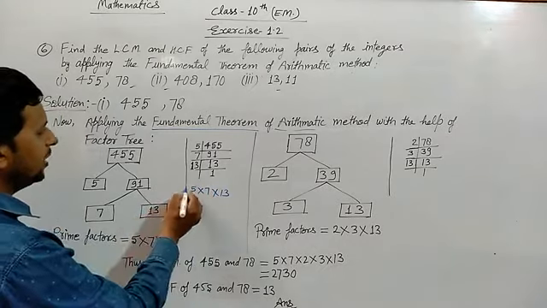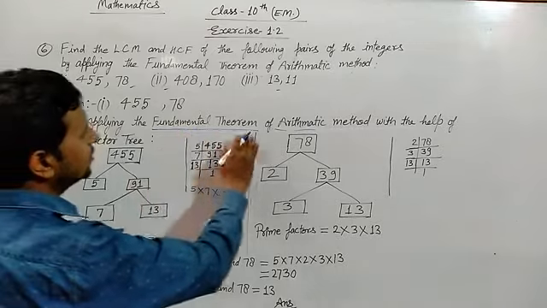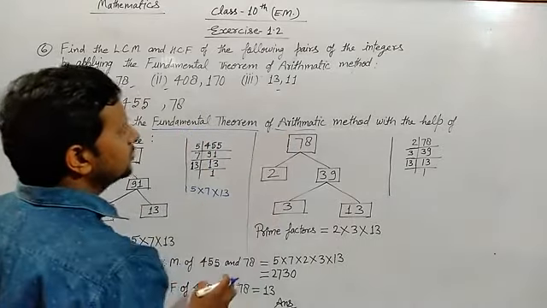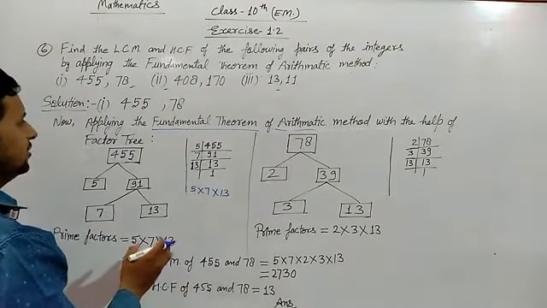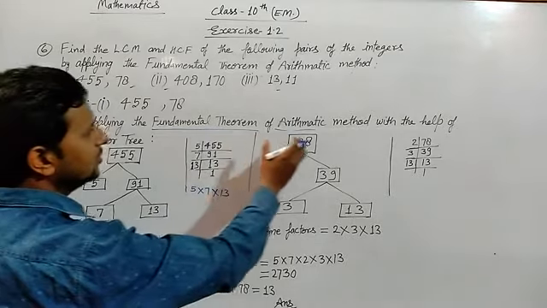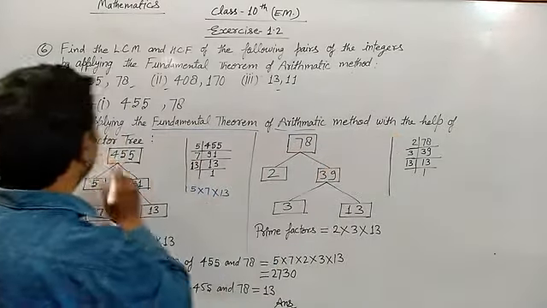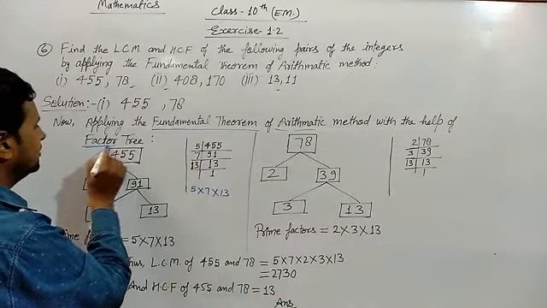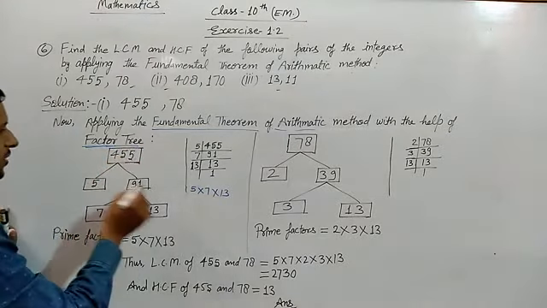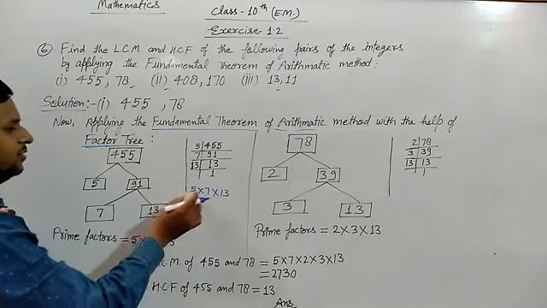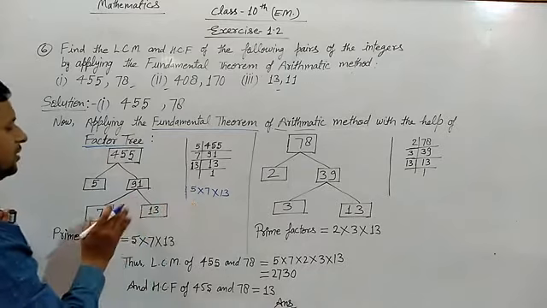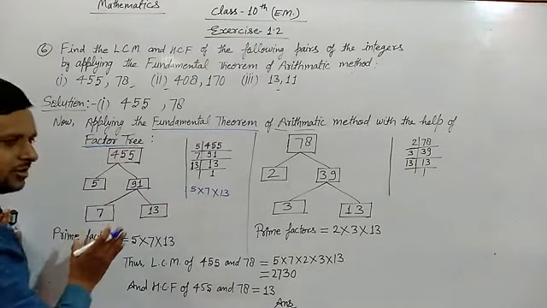Okay. Now we have to use the fundamental theorem of arithmetic method. So for representation of this method, we take help of a factor tree. What is factor tree? In this way. When we denote prime factors in this way, this is called factor tree.